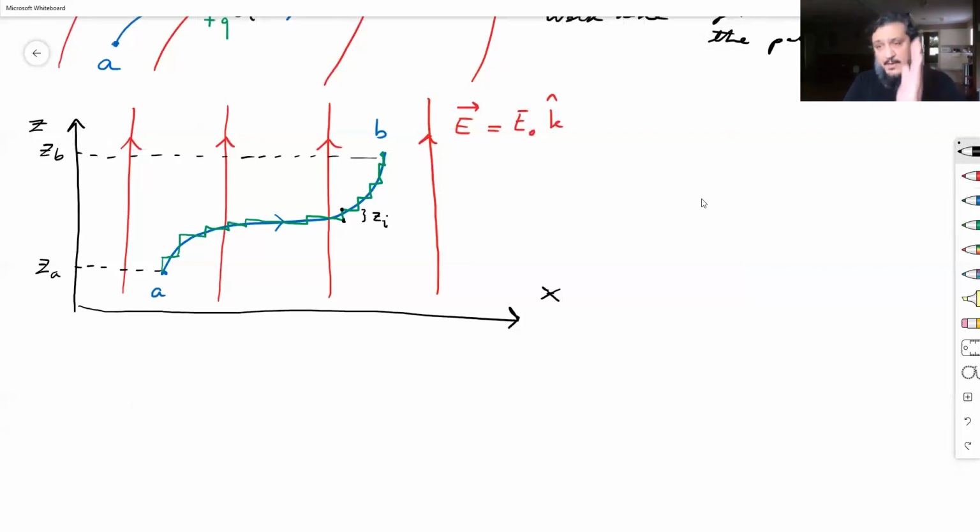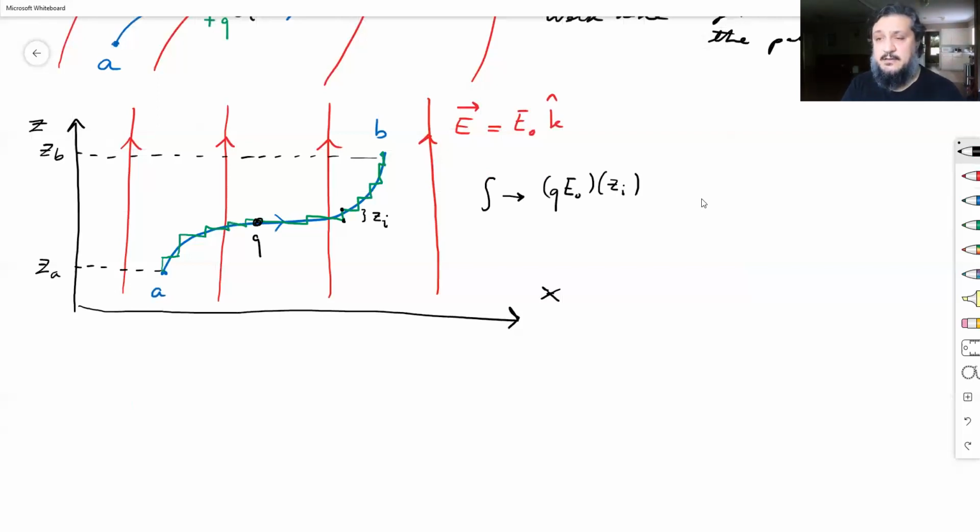As long as I'm moving up a distance of zi, I remain parallel to the electric field. Therefore, the contribution to the integral is nothing but the force, with my test charge Q, so Q times the electric field. That is the force. Force times distance is the work done by the electric field.